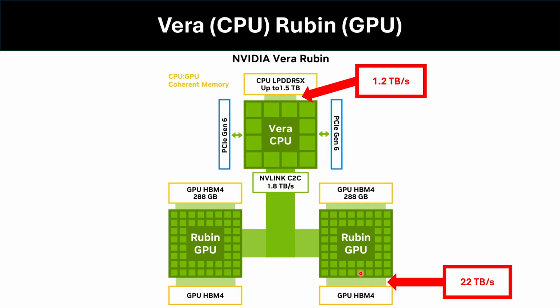Also, memory bandwidth for these Rubin GPUs is 22 terabytes per second, in comparison with the previous Blackwell architecture, which has 8 terabytes per second. And I think on the Hopper GPU architecture, it was from 4 to 4.8 terabytes per second. So we see that memory bandwidth for the GPUs is also increasing, and we can freely say that it is doubling.